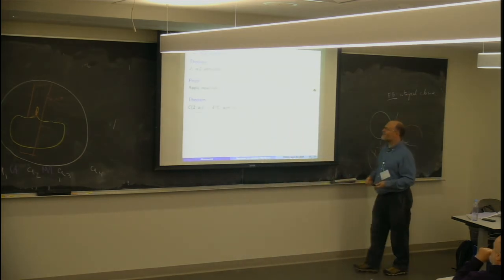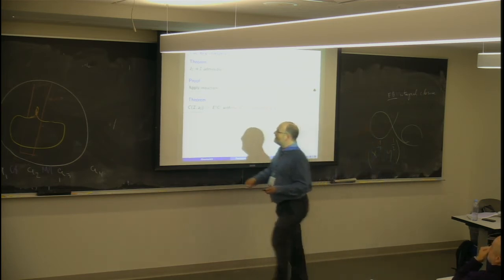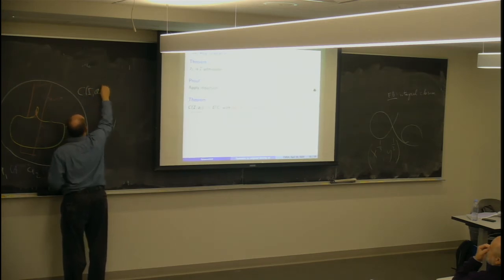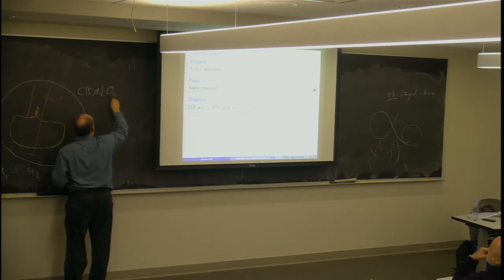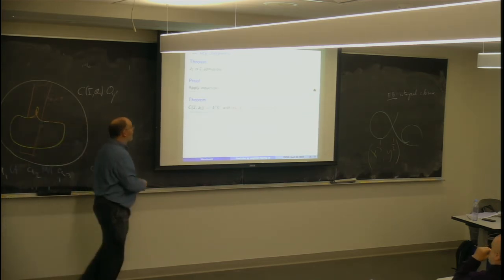I was careless. So what's on the left should be C_i A1 times OY prime, the pullback of the coefficient ideal to the blow-up.